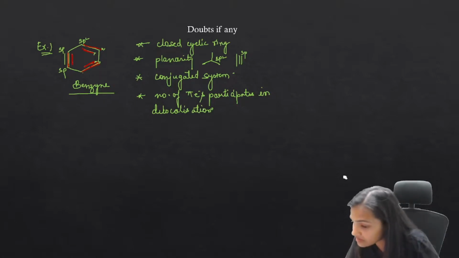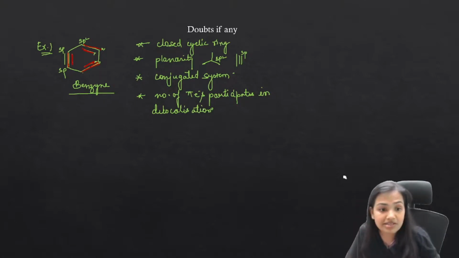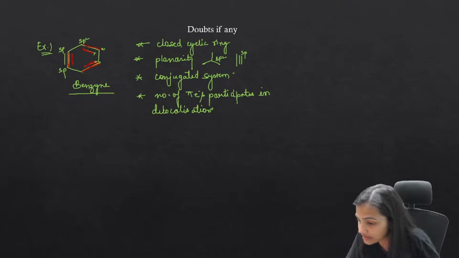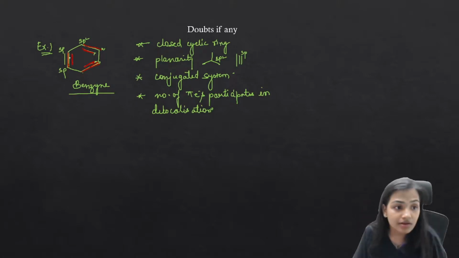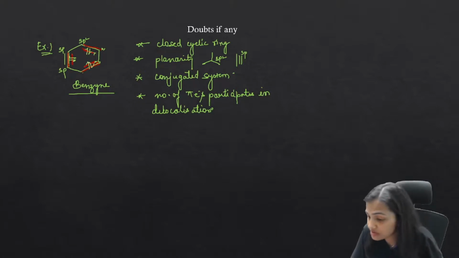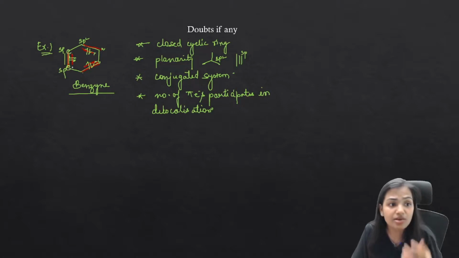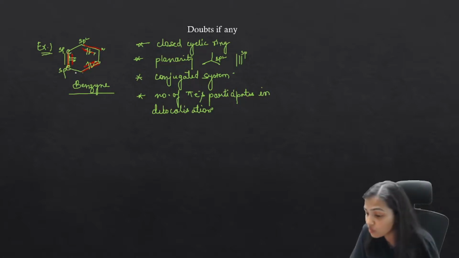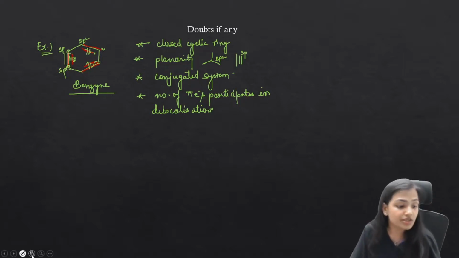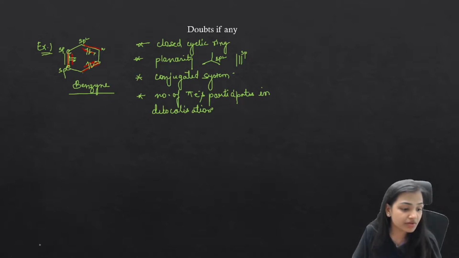Any answer? These two pi electrons, these two pi electrons, these two pi electrons. So from between these two carbons, how many pi electrons will participate, 4 or only 2? Guys, only 2 electrons will participate in conjugation.